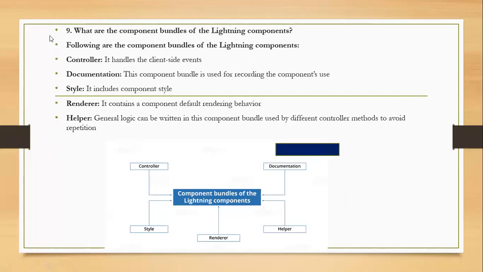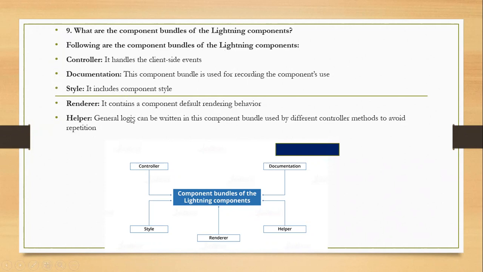Next question: what are the component bundles of Lightning components? The following are the component bundles of Lightning components. Controller: it handles the client-side events. Documentation: this component bundle is used for recording the component's styles. It includes the component styles, and it contains the component details for rendering.